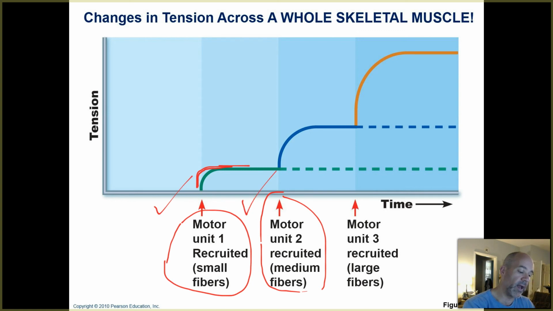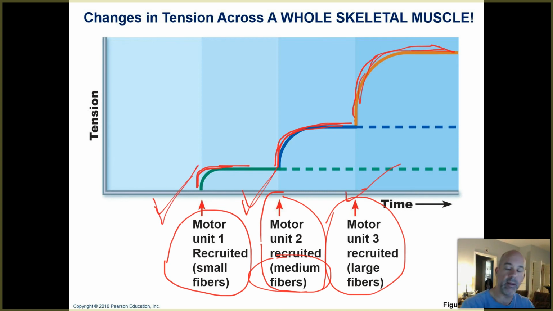But then you continue with more powerful stimulation coming from the brain, and now you've recruited motor unit number 1 and number 2. So you're going to add in that additional contraction force from the second motor unit. Maybe these are medium-sized fibers. And then if you keep sending more and more stimulation from the brain, eventually you're going to recruit motor unit number 3 here. And so now 1, 2, and 3 are going to be contributing.